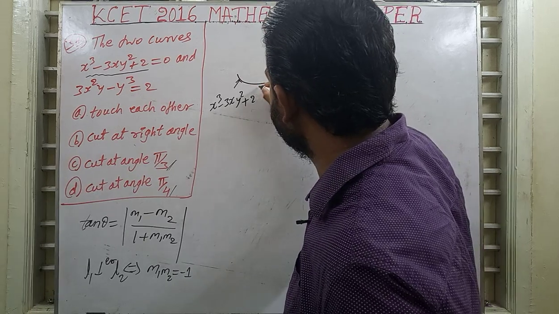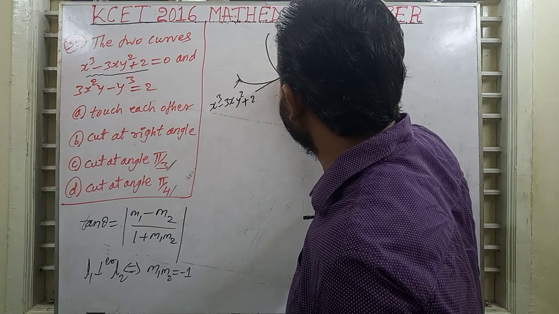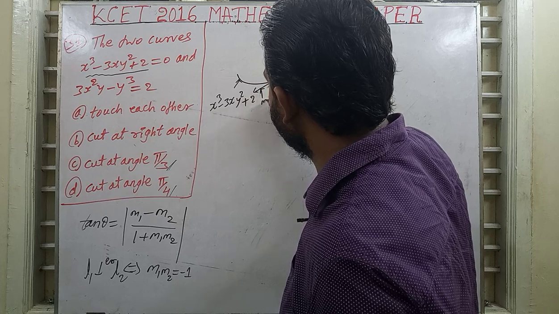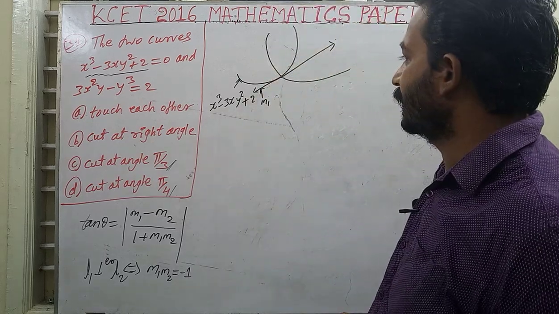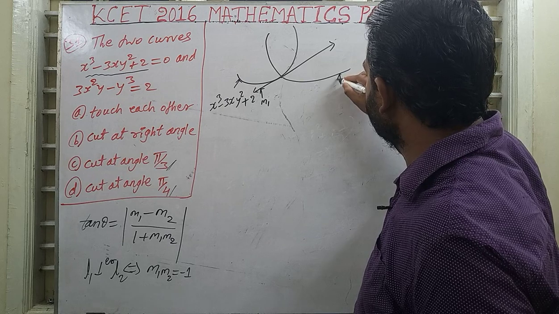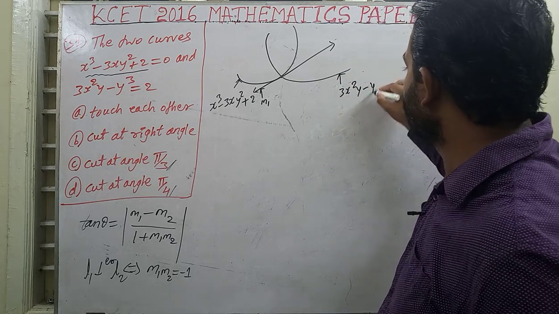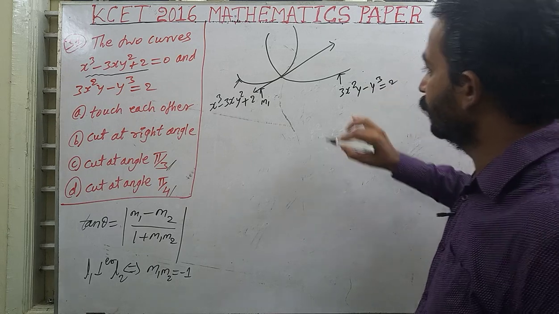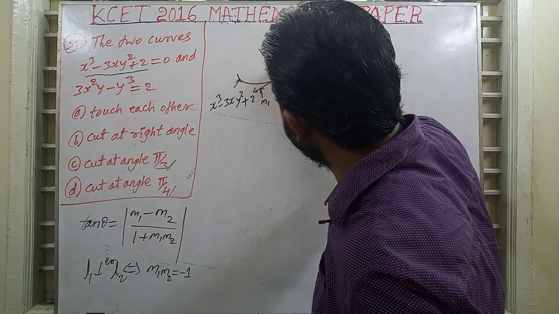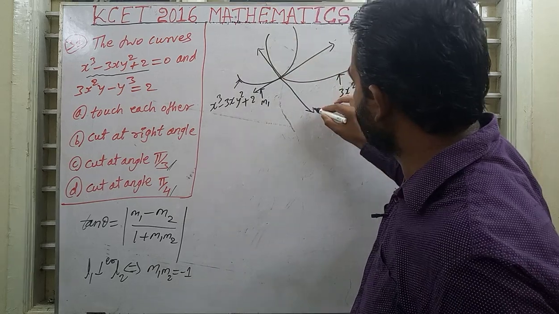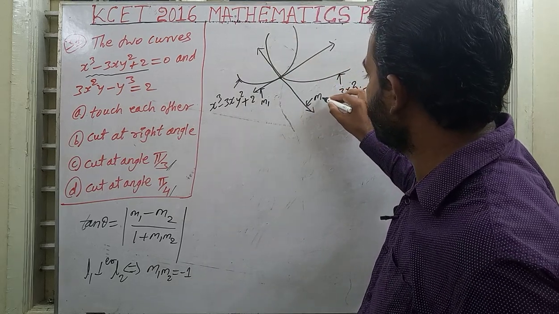The tangent to this curve is this. We have to find m1, the slope of that tangent. Another curve is 3x square y minus y cube is equal to 2. The tangent to this curve is this. The slope of this tangent is m2.